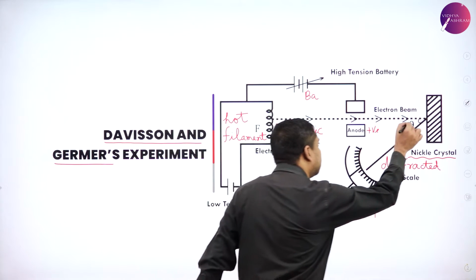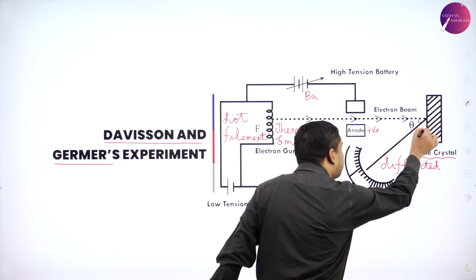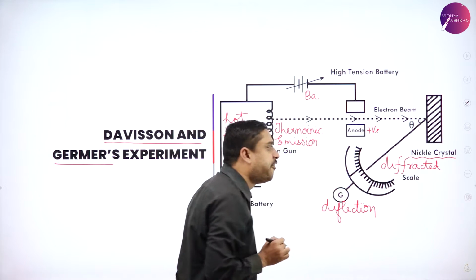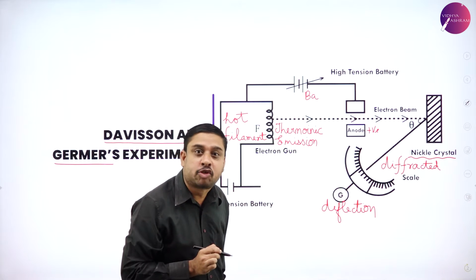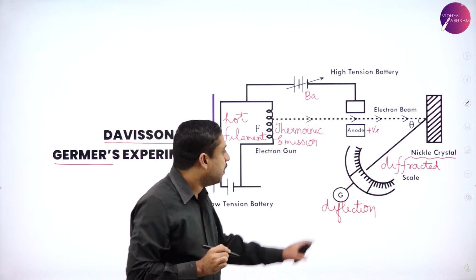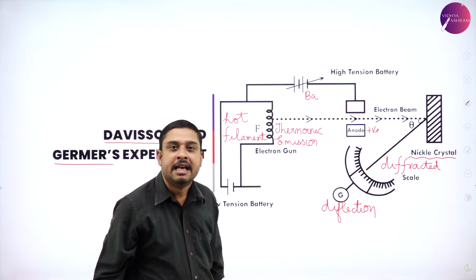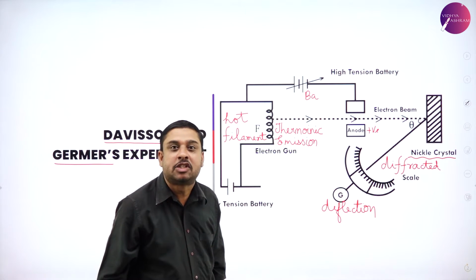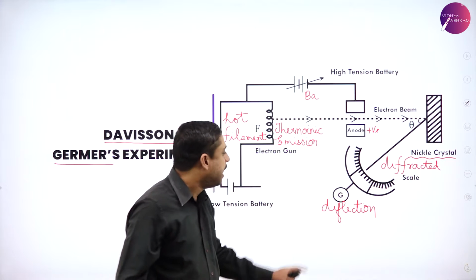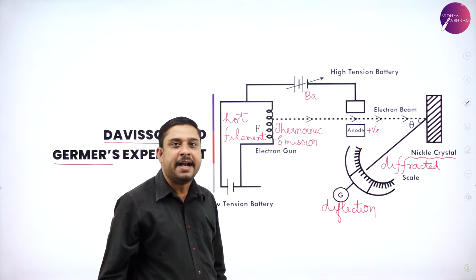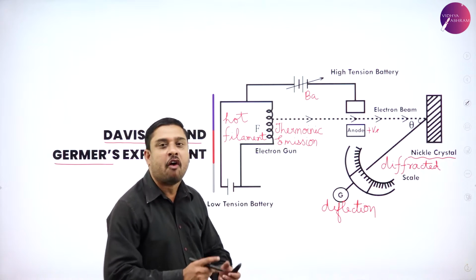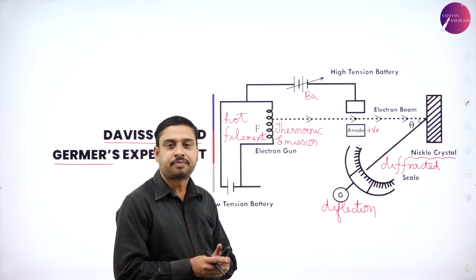Understand? The atoms of the crystal diffract the electron beam, which is incident on the measuring scale. Electric current is constituted and confirmed by the deflections of the galvanometer.